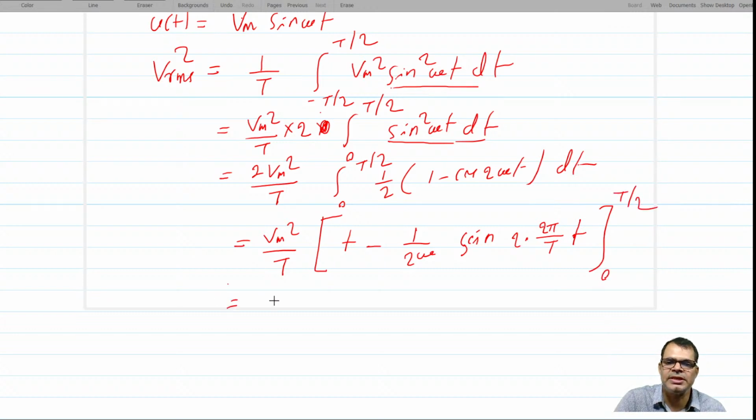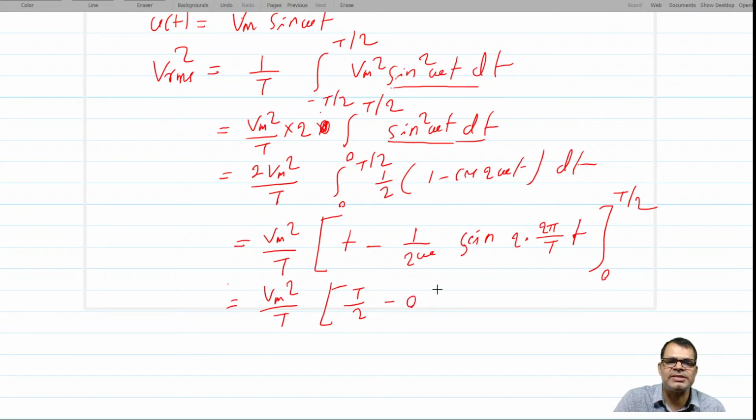When you see here Vm square upon T, and you put T by 2 here, T cancels, 2 cancels, so 2 pi remains. Sin 2 pi is 0 and sin 0 is also 0.